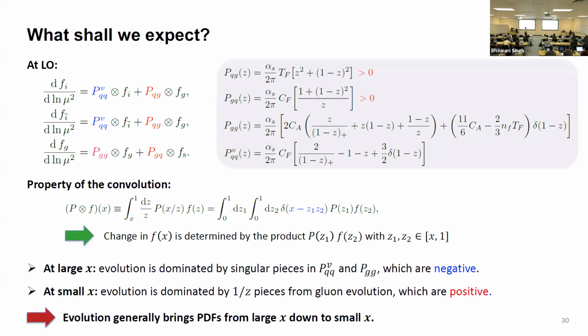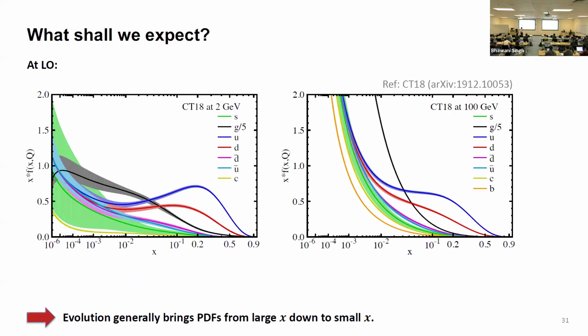So at large x, we tend to believe that the PDF will be decreasing as you evolve. But at small x there are some singularities, say 1 over z here and 1 over z here. And these small x terms are positive. They give positive contributions, and they will make the PDF increase at small x region. So generally, we should expect that the evolution brings the PDF from large x region down to the small x region.